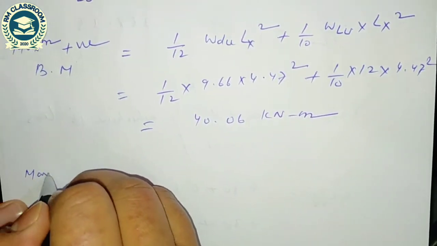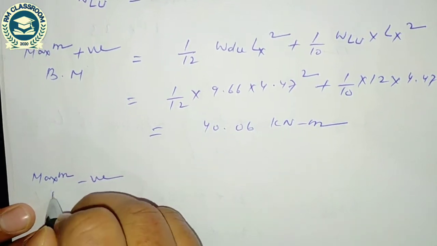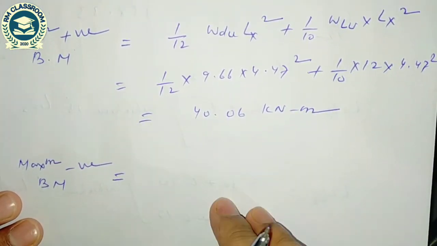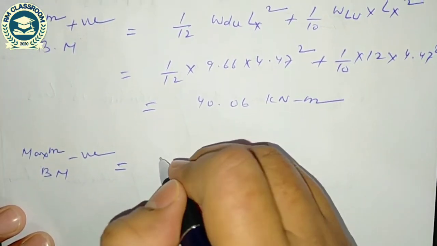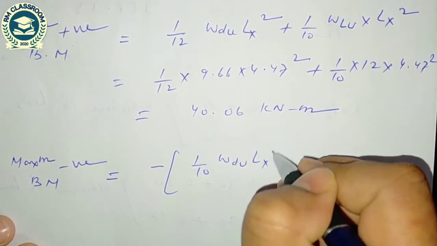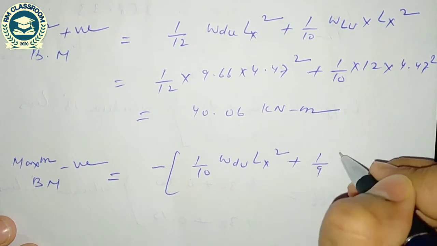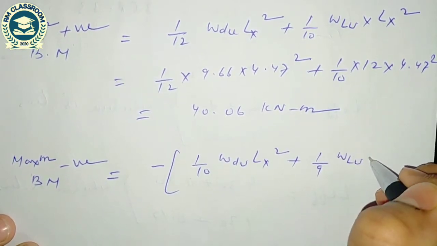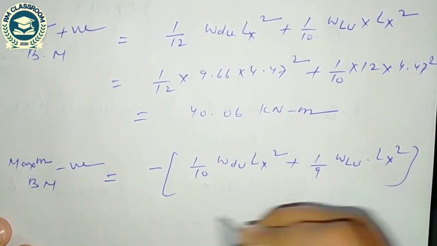Similarly, maximum negative bending moment is coming minus 1 by 10 Wd into Lx square plus 1 by 9 Wl into Lx square.